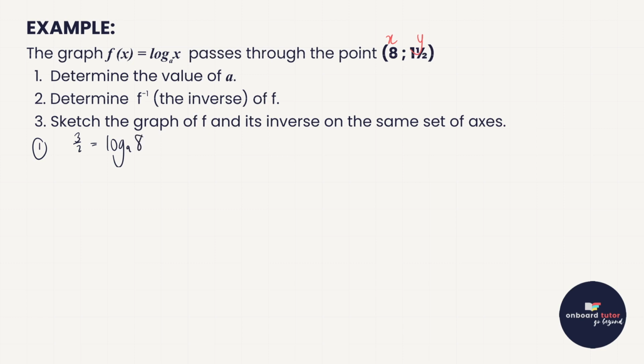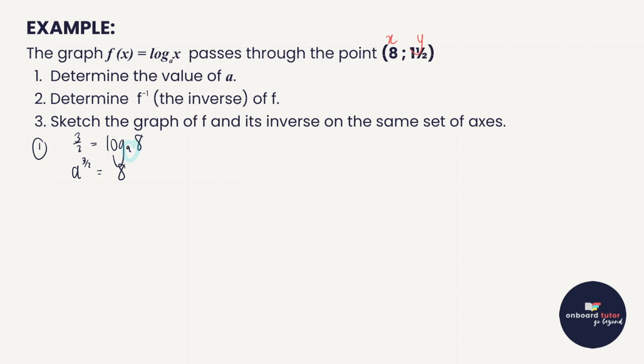Now for us to solve this is a bit tricky because a is the unknown, the thing we want. But what I do know is that I can make a the base of the exponent, so I can rewrite this back in exponential form. So a to the power of 3 over 2 is equal to 8.